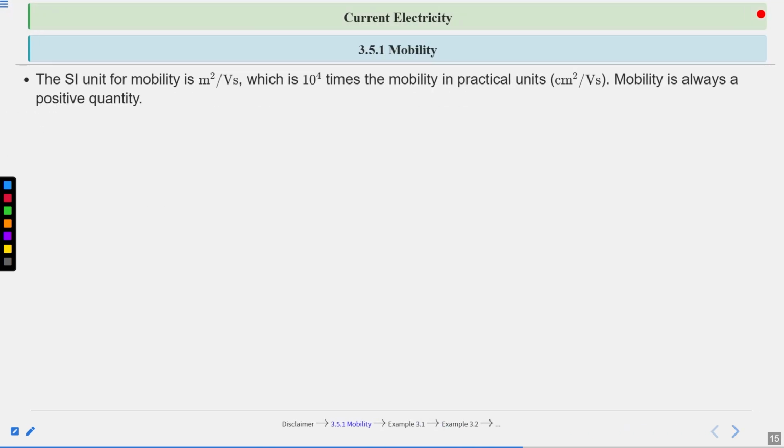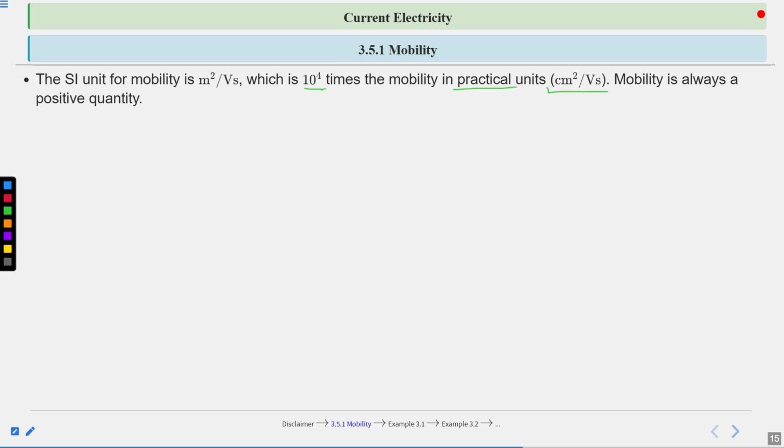The SI unit for mobility is meter square per volt second, as mobility is given by Vd upon E. Drift velocity has units of meter per second, and the unit of electric field is volt per meter. So meter square per volt second is the SI unit, which is 10 raised to the power 4 times the mobility in practical units.